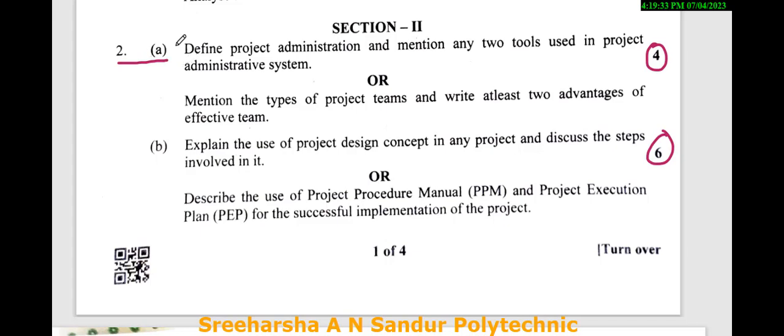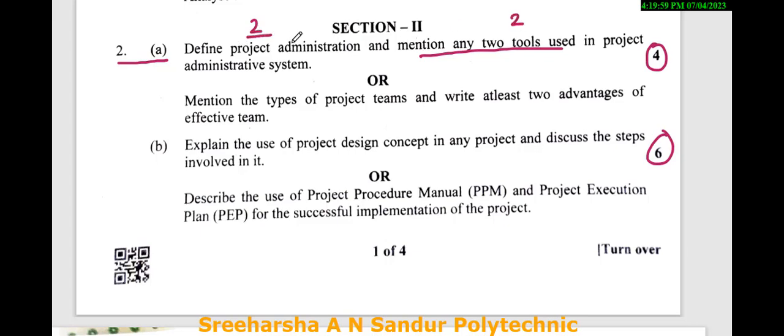Here in 2A, if you observe, they are asking to define project management. You can consider this 4 marks is divided as, for definition it is 2 marks, and mention any two tools used in the project administrative system, again 2 marks.